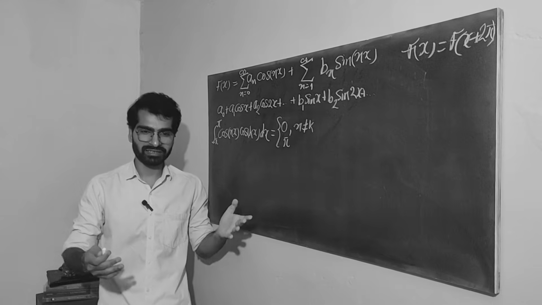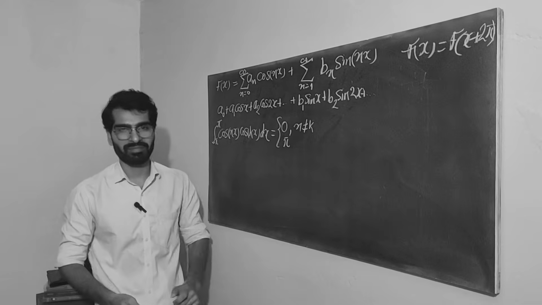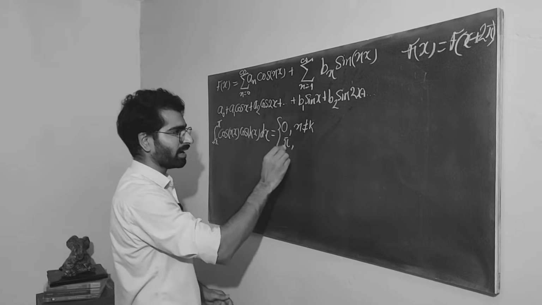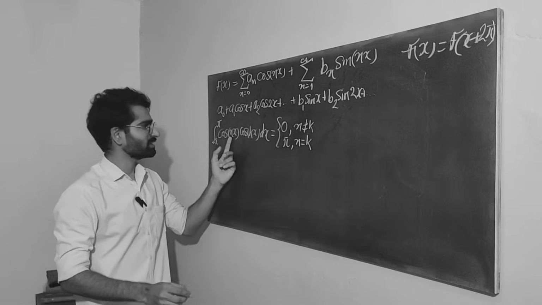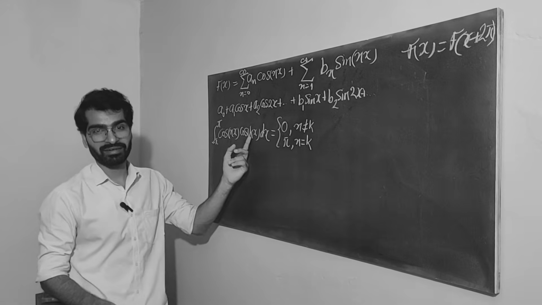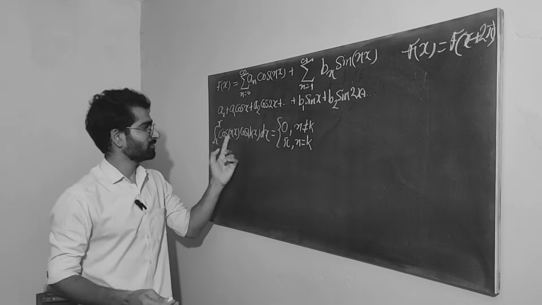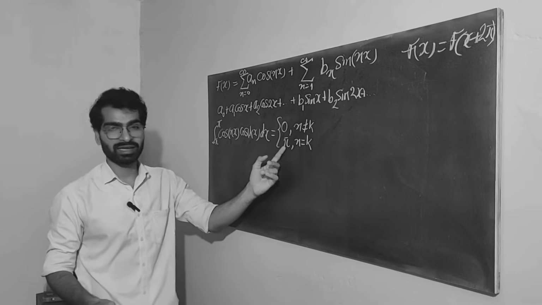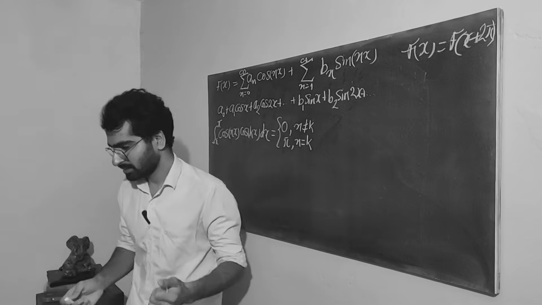That's what it means by orthogonality. It gives you 0 when you integrate them. But it gives you pi if n is k. If this is 11, that is 11, we get pi. If this is 5, this is 5, again we get pi. And this integral is going to help us.